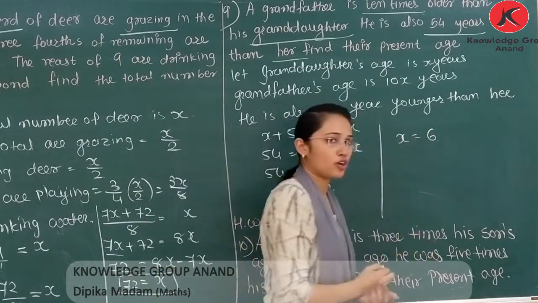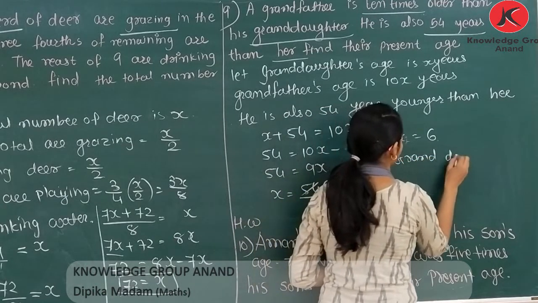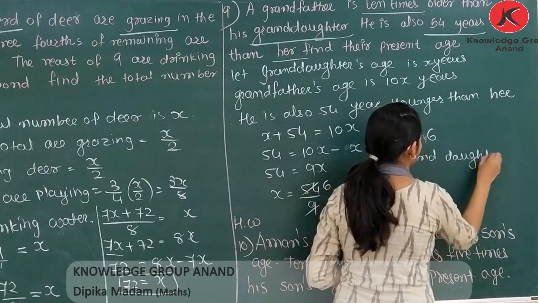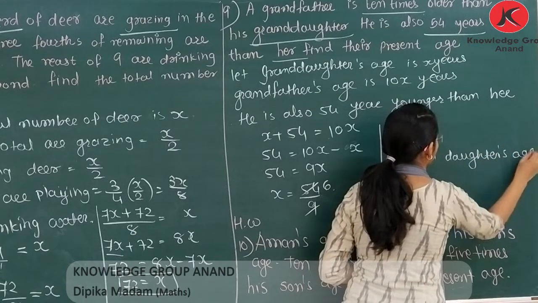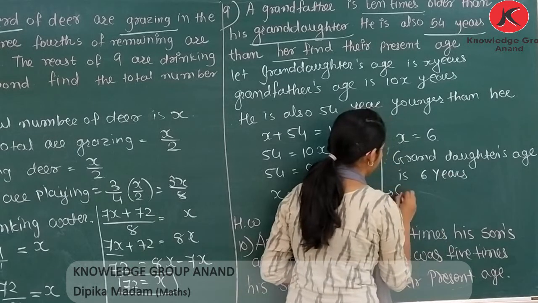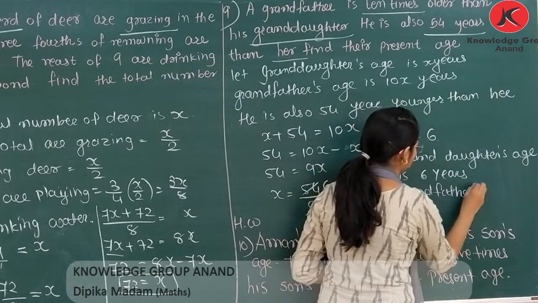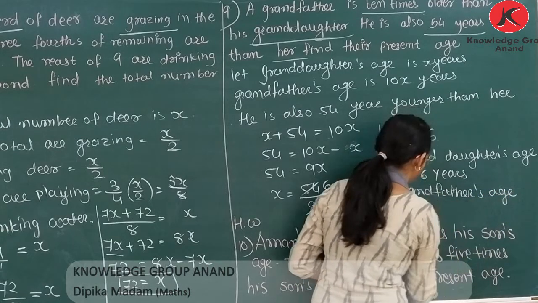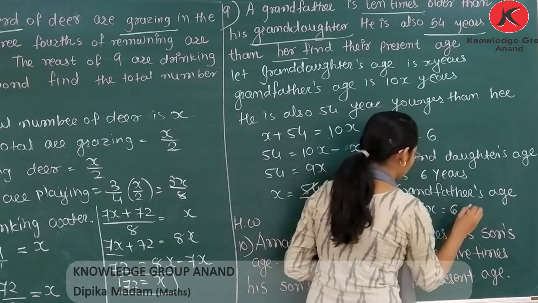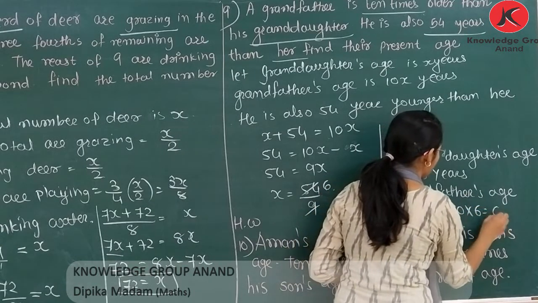So what is the granddaughter's age? It is 6 years, and the grandfather's age is 10x, 10 multiplied by 6, 60.